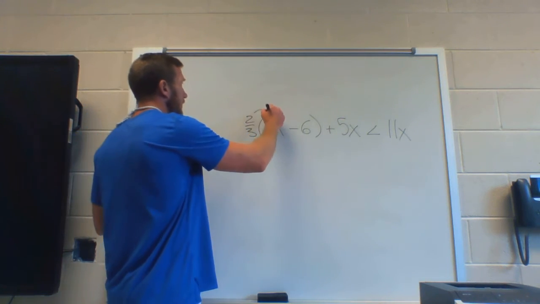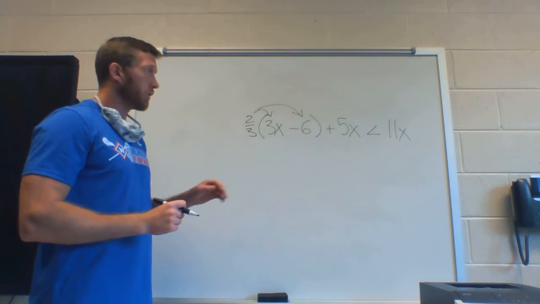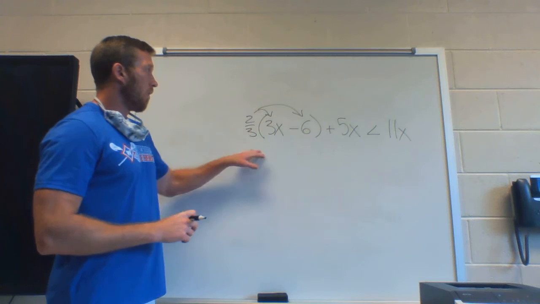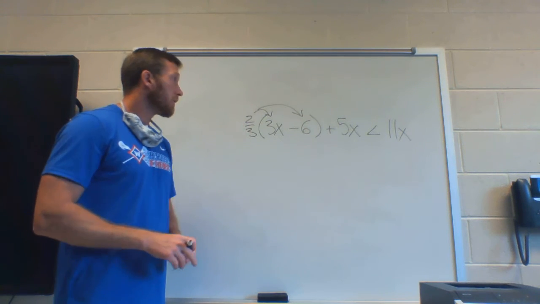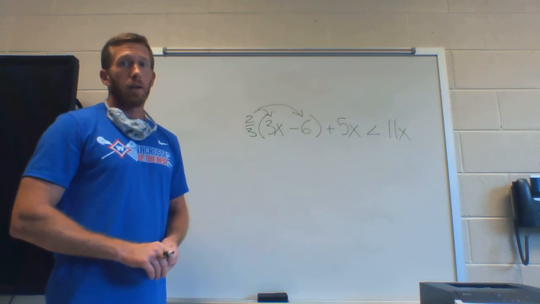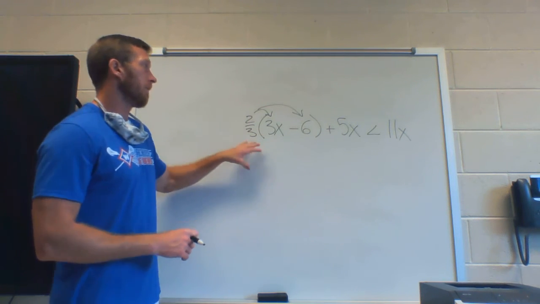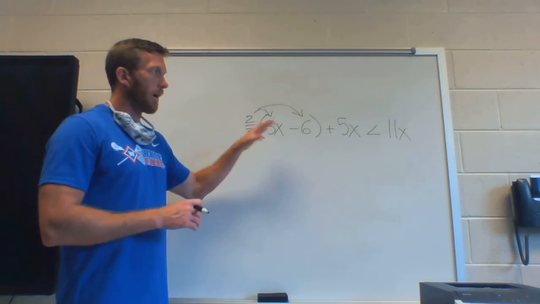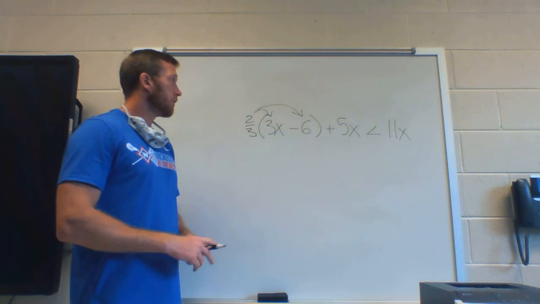First step is going to be to distribute this. I'm going to go a little bit quicker through this portion. If you want explanations on this, go back to my previous YouTube videos where I talk about solving multiple-step one-variable equations. I broke down something very similar, made it very slow, and showed every step.